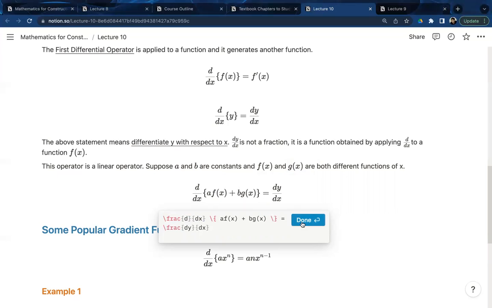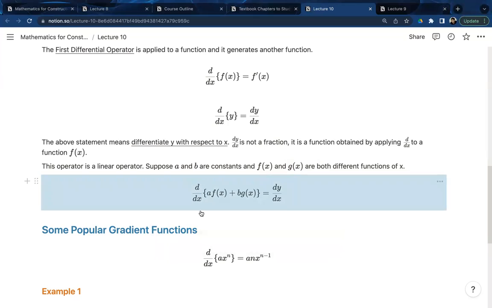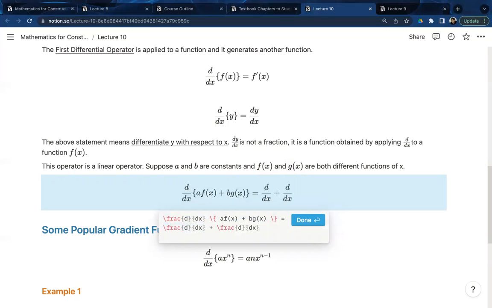Okay. If I differentiate with respect to x this expression here, right? Then this is what you end up with. You could actually take out the constants, right? So you'll get a on the outside and b on the outside because they're constants.